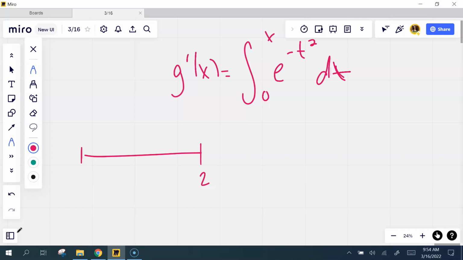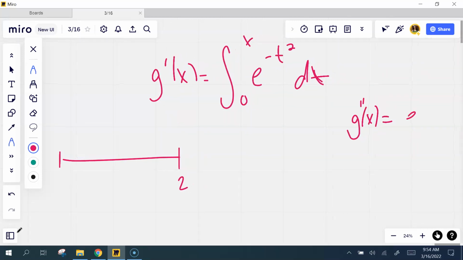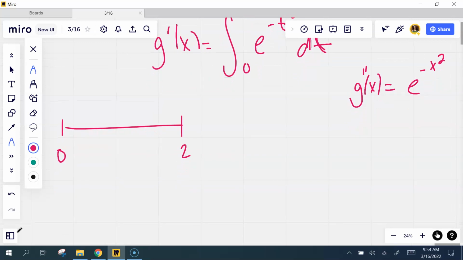But you really don't, so you understand that g of x, no. The second derivative here would be e to the negative x squared. Going backwards, it's A. Because if I plug in x for that, from 0 to x, if I do derivatives on both sides, I literally have 2 sign charts, and I said first derivative tells me what it's doing.